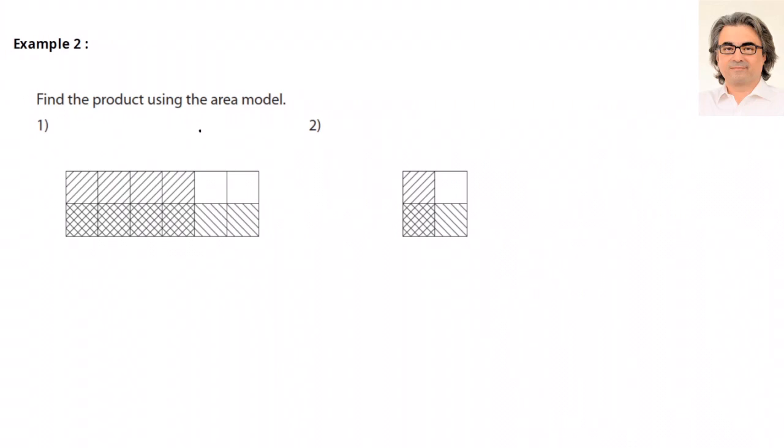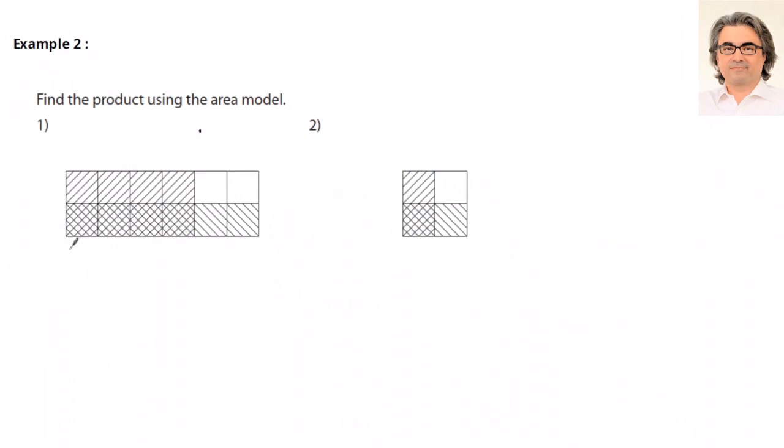And on this page, as you see, there is another model. Find the product using the area model. This is the question type. And let's start from the first one.